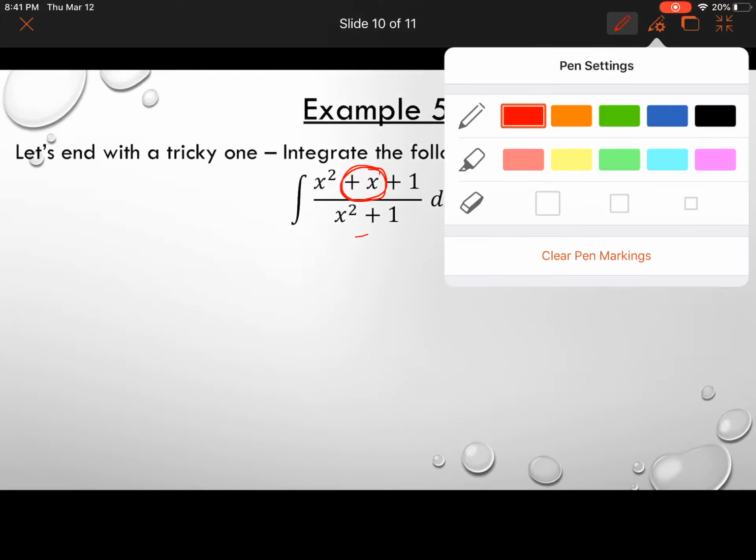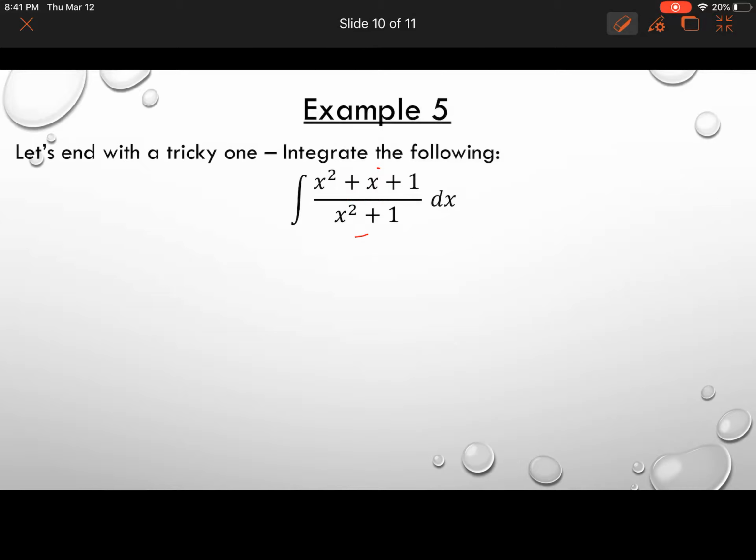You can rewrite this. You can separate this as the integral of x squared plus 1 over x squared plus 1 plus x over x squared plus 1. So I literally just separated them.